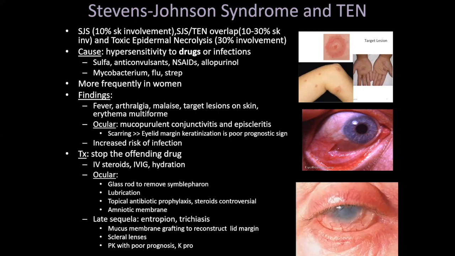But hydration is very, very important because of the body surface area involvement. The ocular measures by way of treatment: glass rod for the purpose of preventing symblepharon appears controversial. It used to be an old practice, but most current literature doesn't seem to support it.